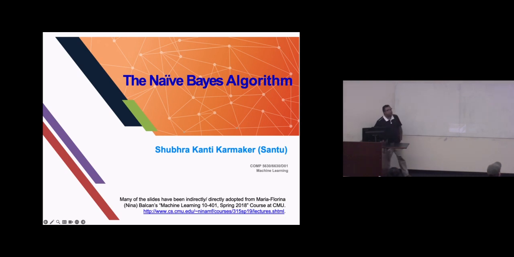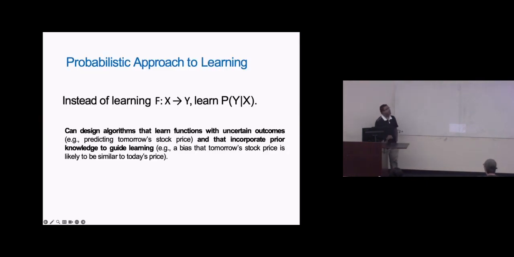So before we talk about Bayes theorem and everything, this is coming from probability theory, right? All we are talking about here is a probabilistic approach to learning. And when we talk about Bayesian probabilities, we are talking about evidence, we are talking about hypothesis, and we are talking about priors.